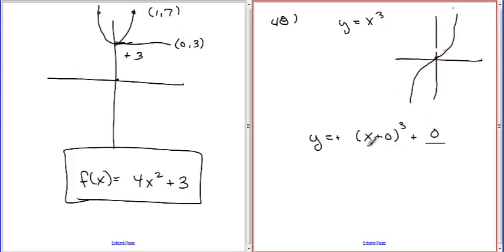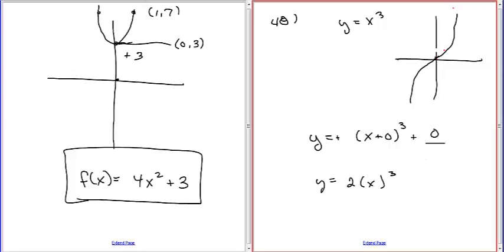So what we need is, let's just think about what will happen here. You could put a number outside and a number inside. Let's see if either one of those works. So if you had 2 times x cubed, if I stuck in x equals 2, you get a really big number.